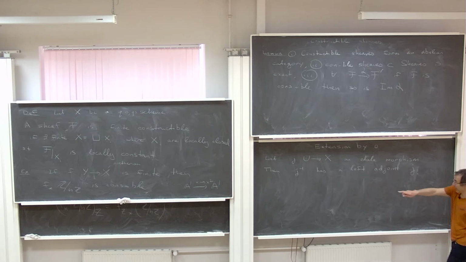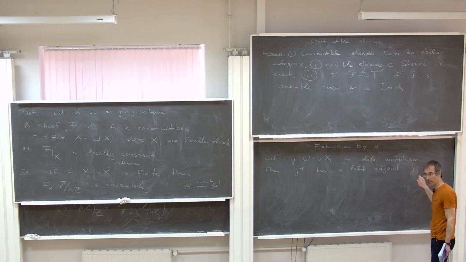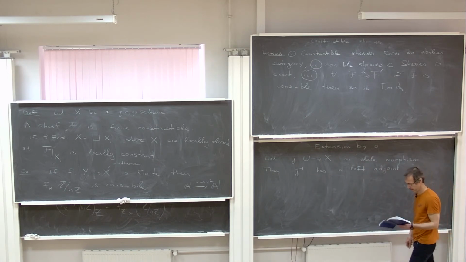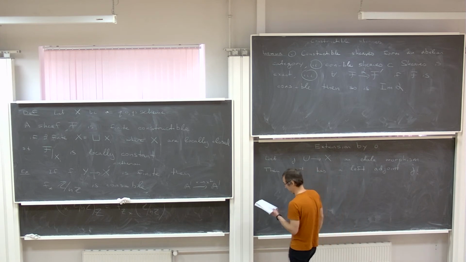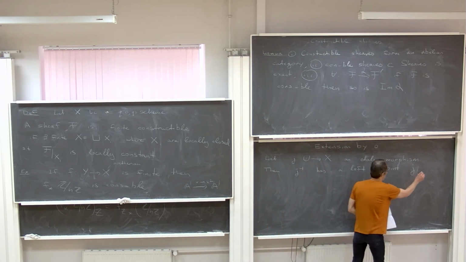We know that it has a right adjoint, which is j lower star. And now I want to construct for you a left adjoint. So how to do this? Here is a construction.